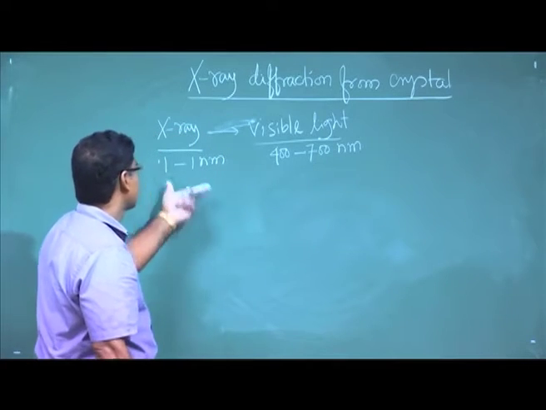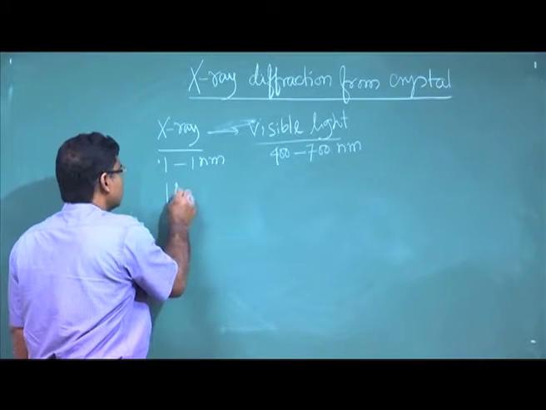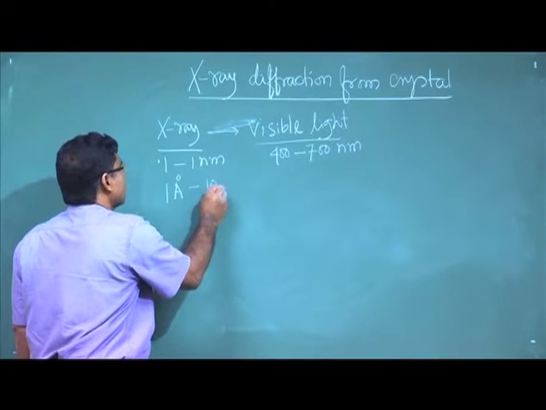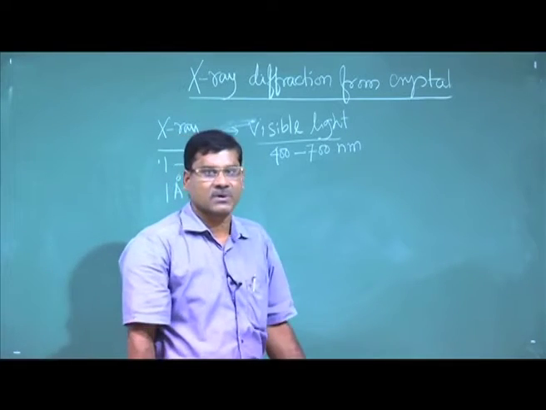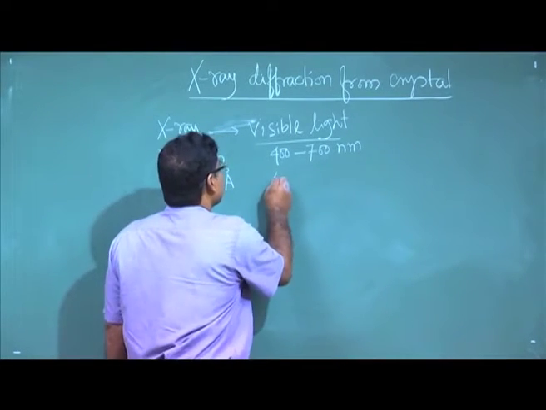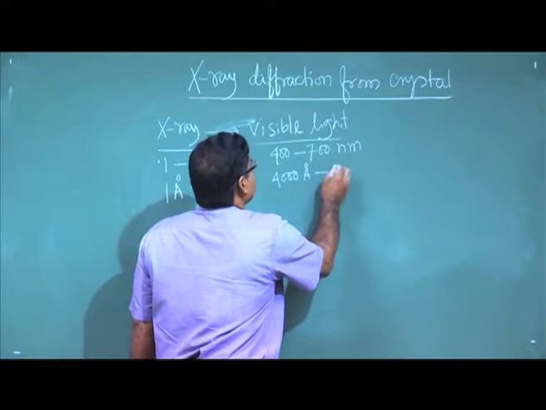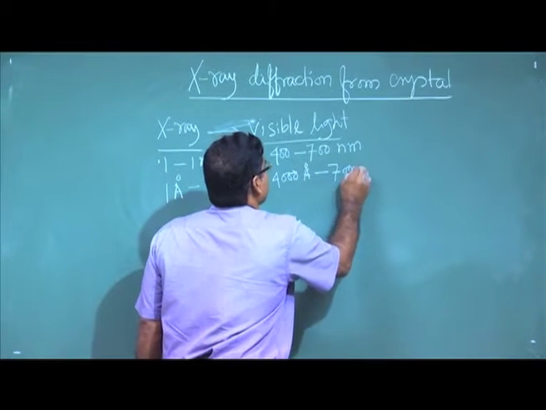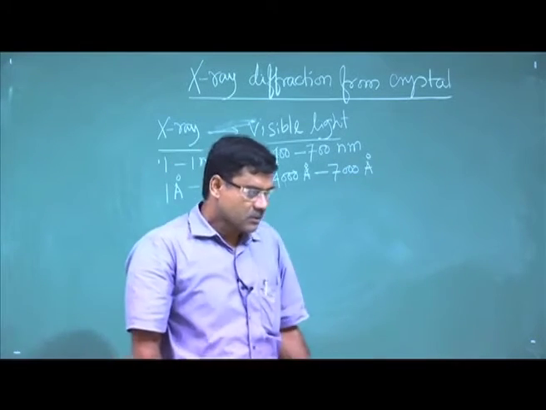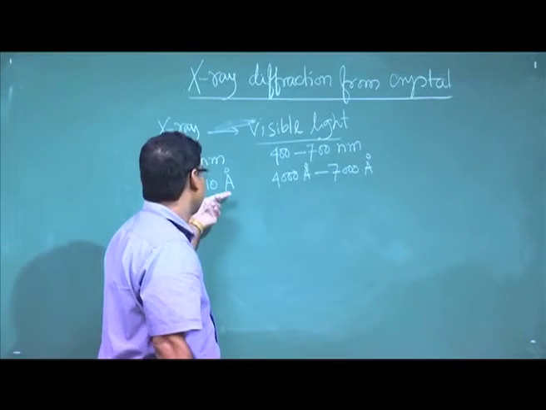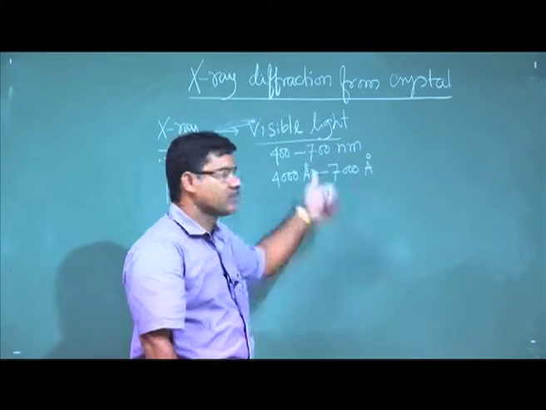So, in this range. Okay. So, 0.1 nanometer is basically 1 angstrom to 10 angstrom, and this is 4000 angstrom to 7000 angstrom. So, it is very small wavelength compared to visible light.